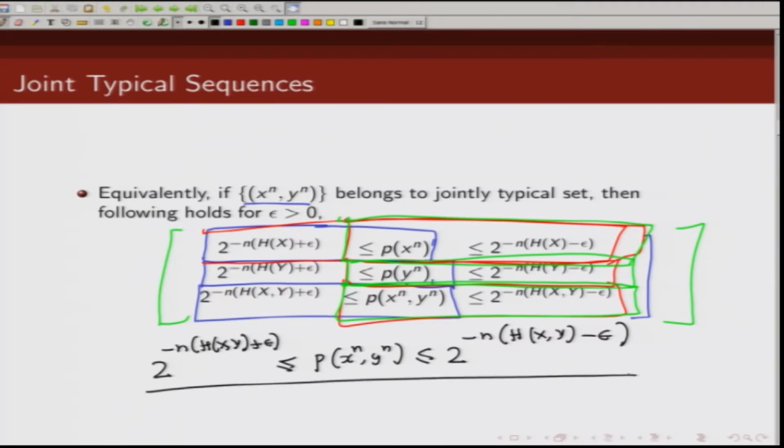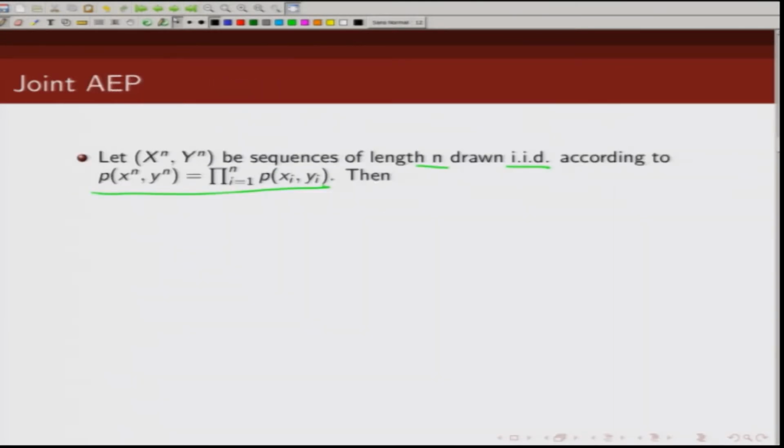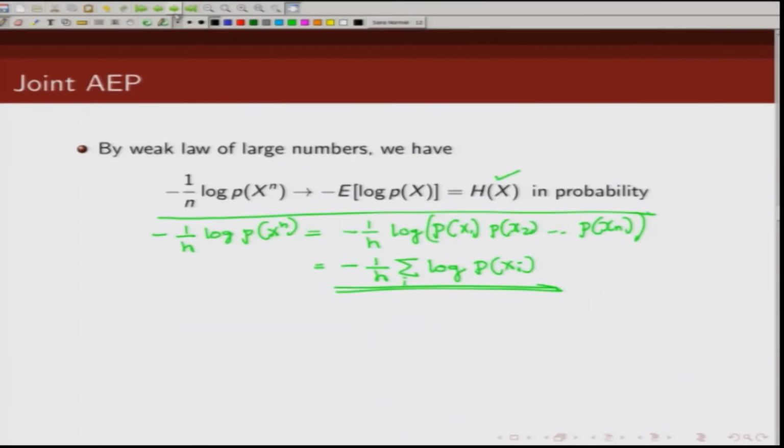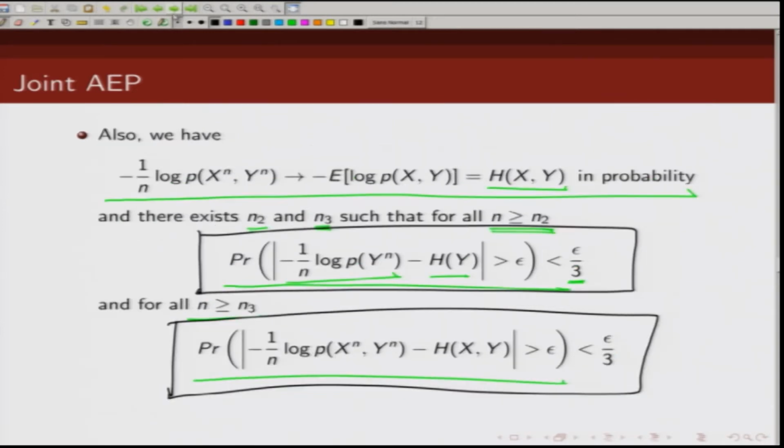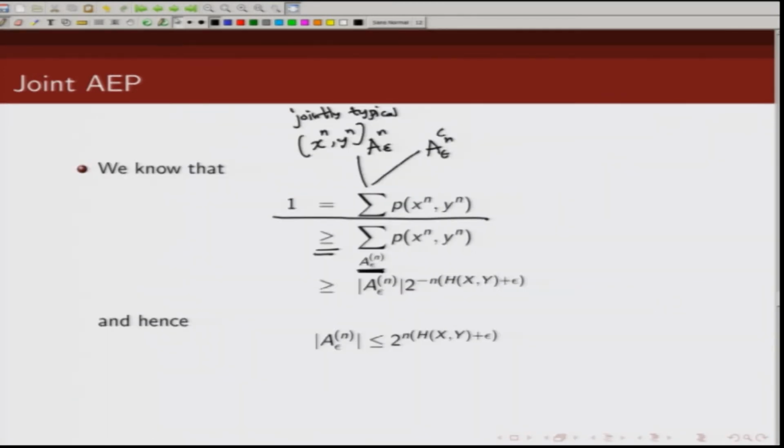So using this relation, if we plug in the value of P(xⁿ, yⁿ) here, we know that this is greater than or equal to 2 raised to the power minus n times H(X,Y) plus epsilon, right?